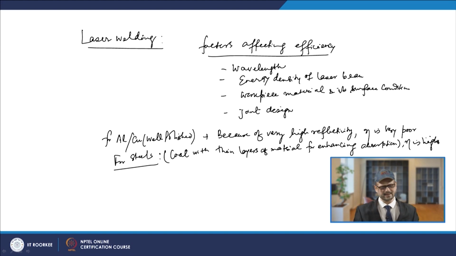Basically, if you are able to establish the keyholing feature, which is there in electron beam welding, then you can have a satisfactory level of efficiency even in laser beam welding.